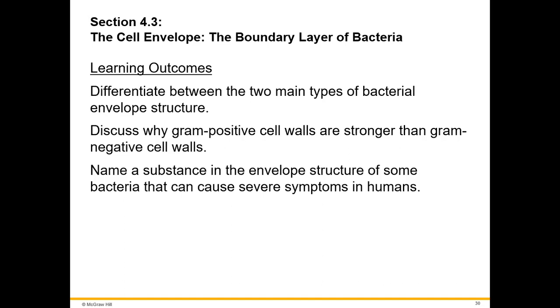Name a substance in the envelope structure of some bacteria that can cause severe symptoms in humans. So I already mentioned that. That is endotoxin. Endotoxin is non-specific, and it's a resistant structure, and it is a virulence factor.